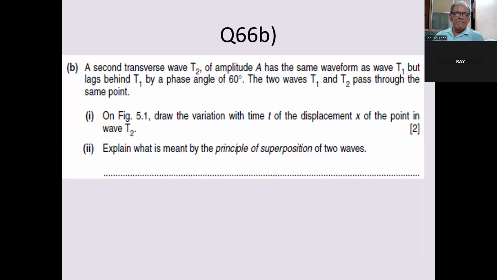A second wave, T2 of amplitude A, has the same waveform as T1, but lags behind T1 by a phase of 60 degrees. The two waves T1 and T2 pass through the same point. On figure 5.1, draw the variation with time t of the displacement x of the point in T2.